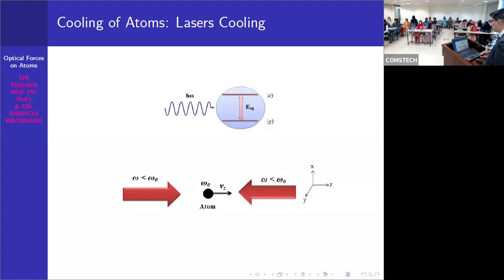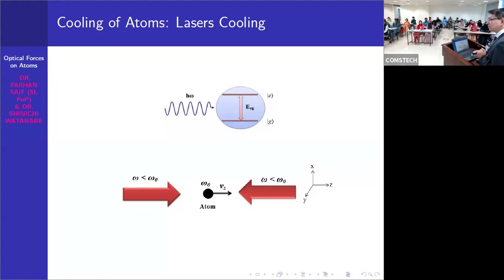So what is associated with the atom is that it is in motion. It moves, and we apply an optical field opposite to its direction of propagation. We have set the frequency of the field in such a way that the field frequency is smaller than the atomic transition frequency. And once this atom moves, following the Doppler shift, this field frequency is seen as larger.